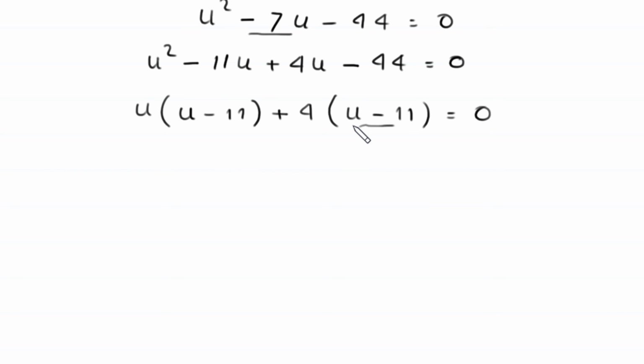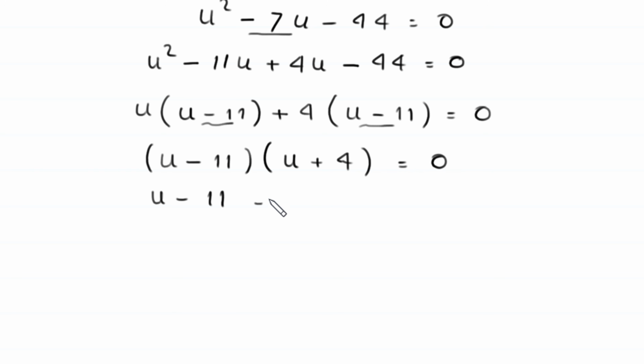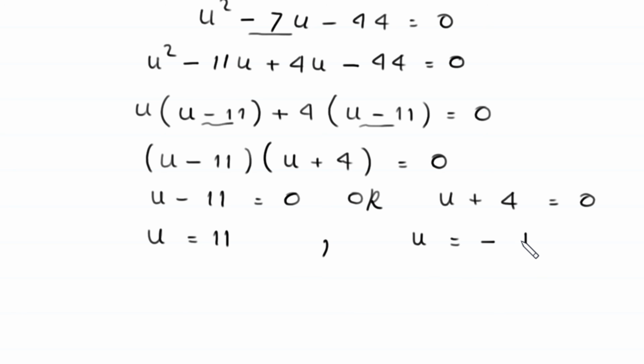This u minus 11 is a common factor, so we factor it out, and in bracket u plus 4, equal to 0. From here, either u minus 11 is equal to 0, or u plus 4 is equal to 0. From this equation we get u equal to 11, and from this equation we get u equal to negative 4.